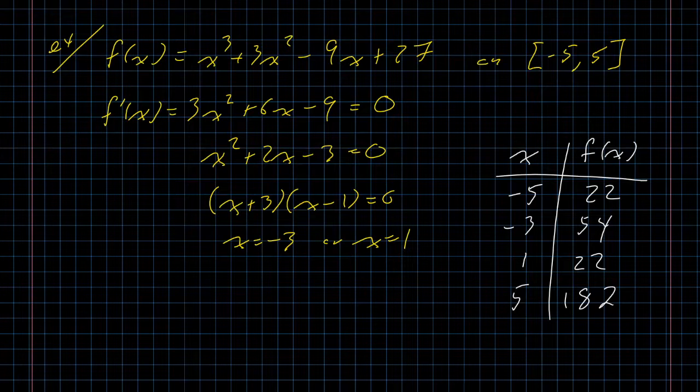All right. This particular function achieves its minimum at 2 separate places. It achieves the maximum at x equals 5, and then it achieves the minimum twice.